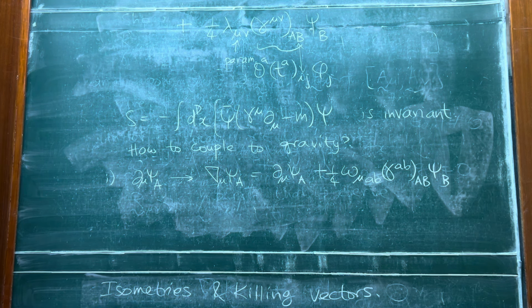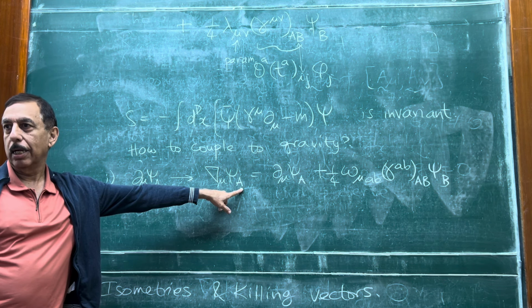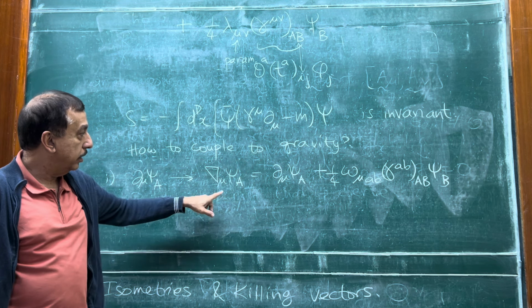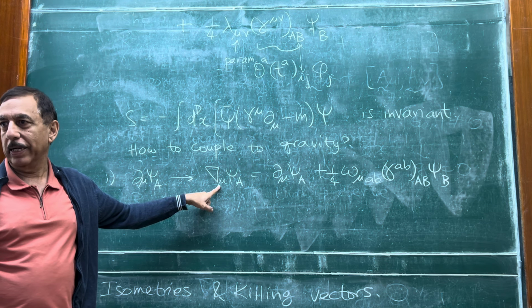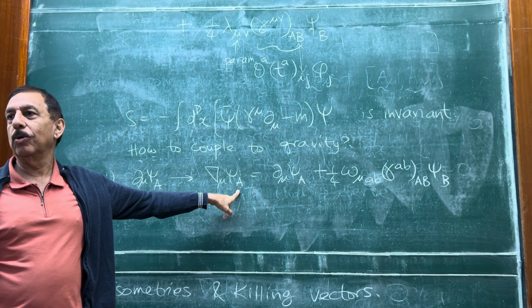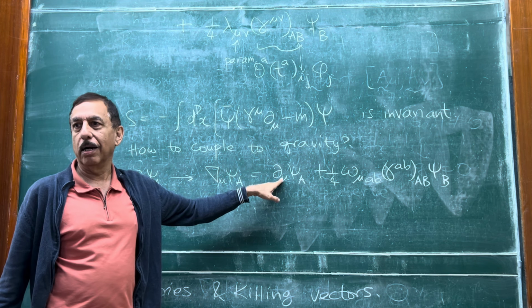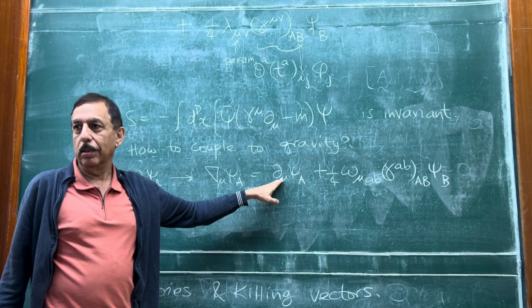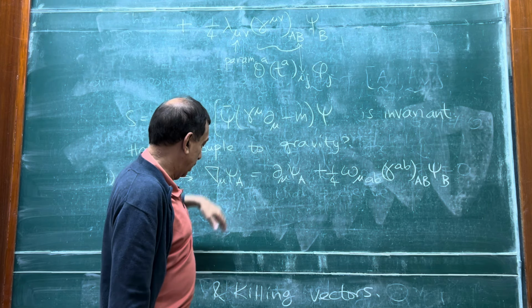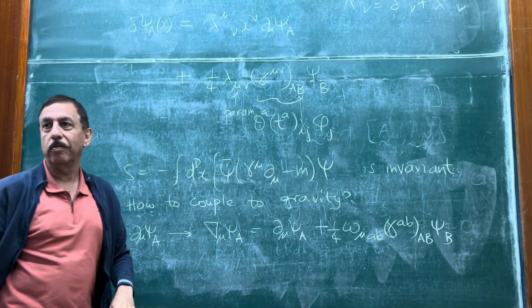So the statement is that when covariantly differentiating a fermion, I should get an answer where this quantity still transforms as a vector with respect to space-time reparameterizations and still transforms as a spinor with respect to local-Lorentz transformations. The first is guaranteed, since this transforms as a vector under space-time reparameterization, but the second is not guaranteed because psi transforms with this lambda, which in the general context is going to be a function of x.